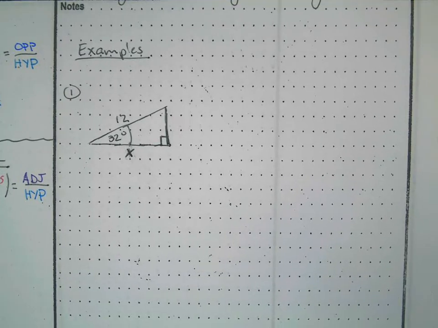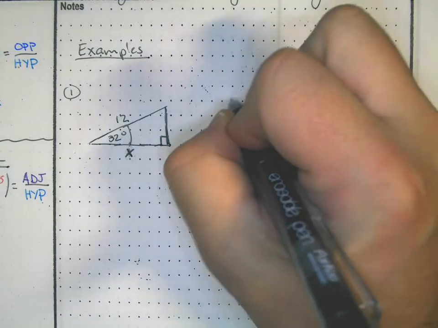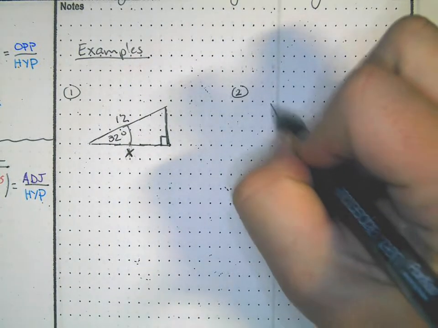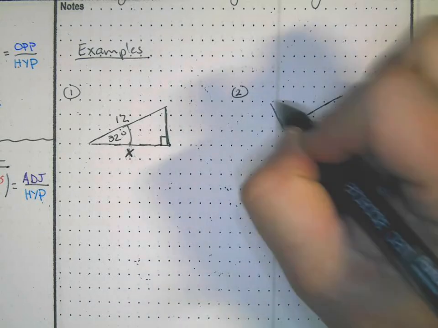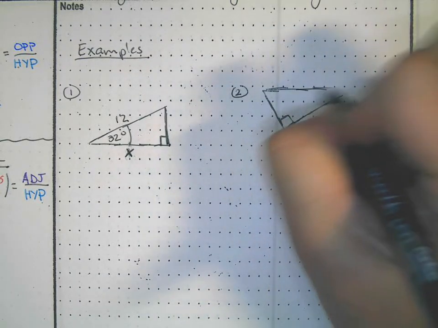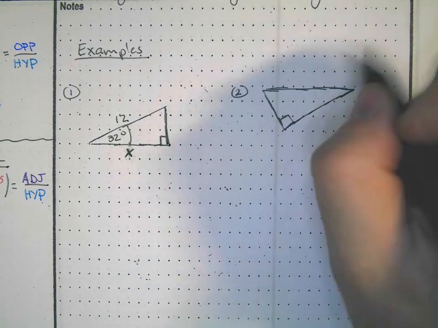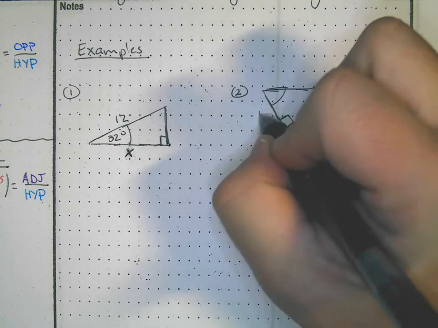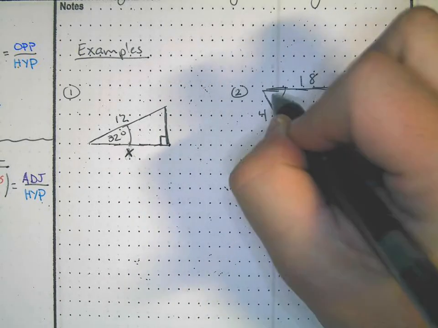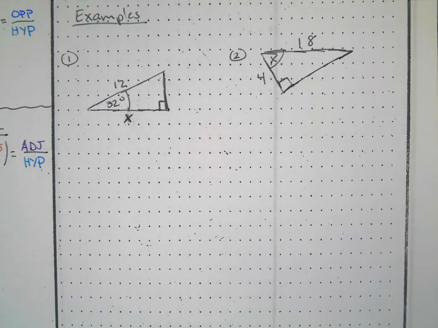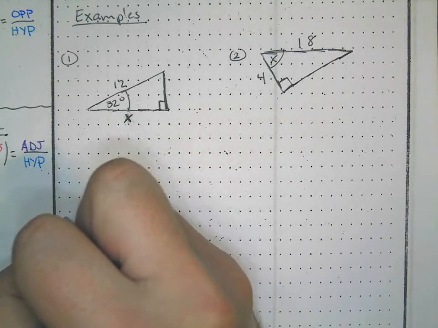So we'll do that as example 1, example 2, we'll do this, and then we'll do a third example.